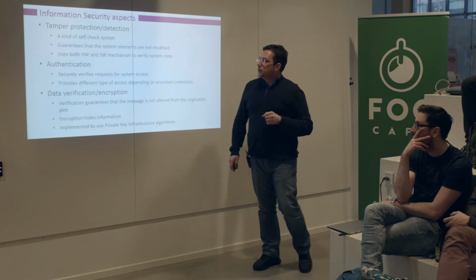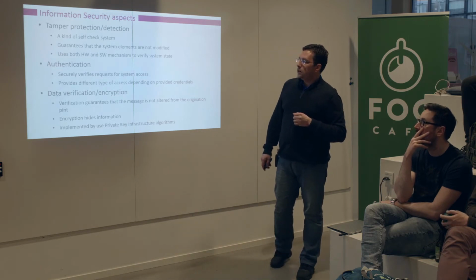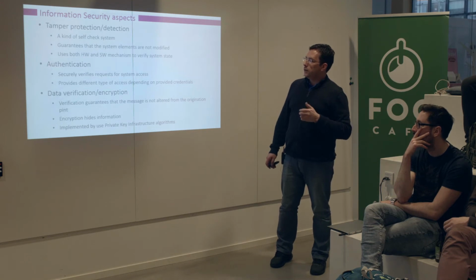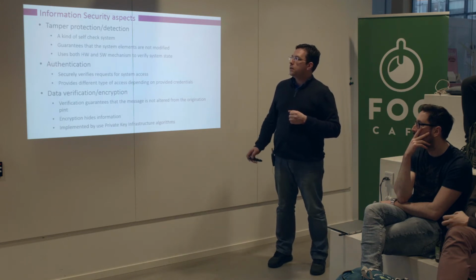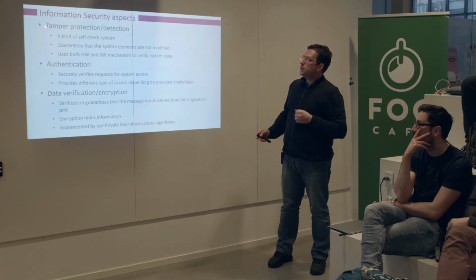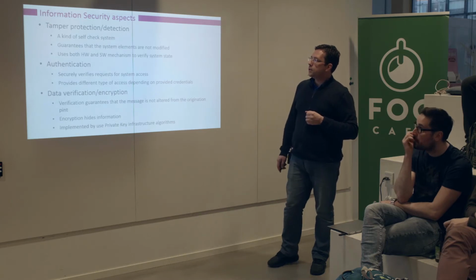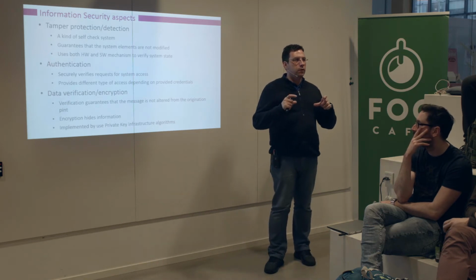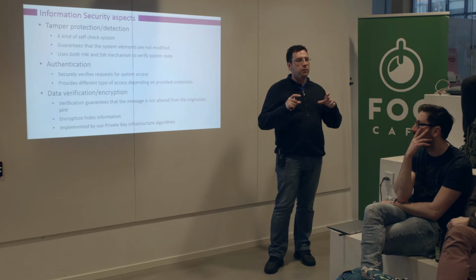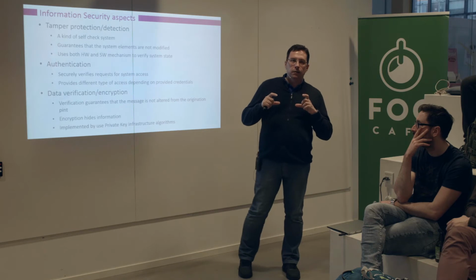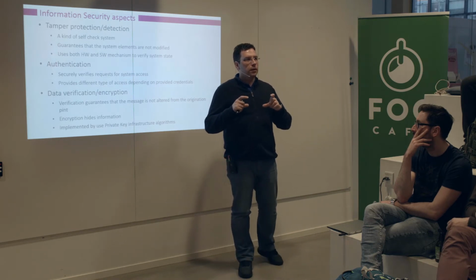If we speak a little bit about information security aspects, what are the things that have to be designed or added within our system in order to have a better protection, especially in digital systems? We have to introduce a mechanism for tamper detection or protection, meaning that first the system has to do a kind of self-check, so the system knows if it is tampered or not. Because if the system is tampered, then it is much easier to break it.